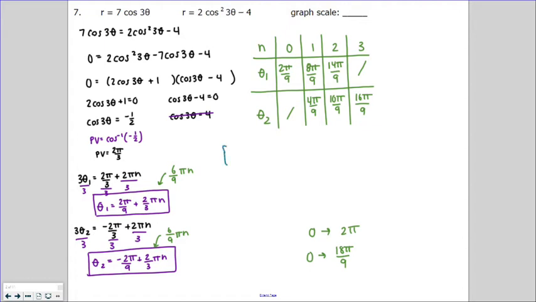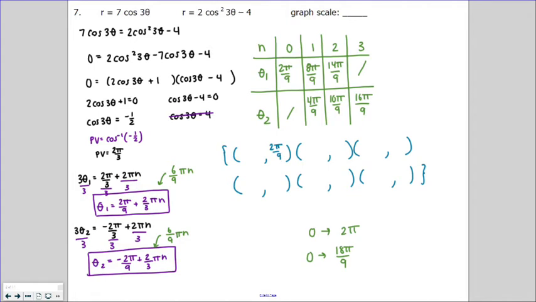So I'm going to set up 6 ordered pairs. 1, 2, 3, 4, 5, 6. All right. And let's start filling in the angles. Now remember, it's r comma theta. So our first theta here, our smallest value, is 2 pi over 9.